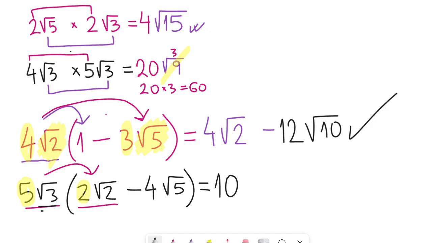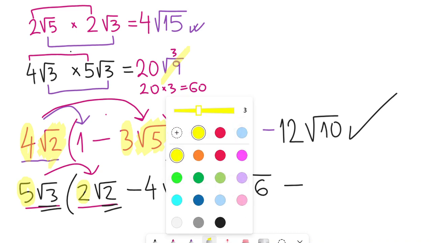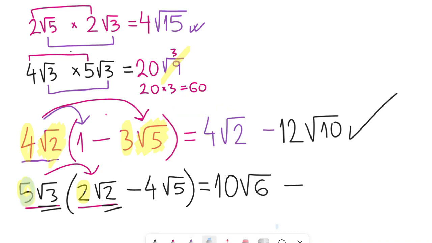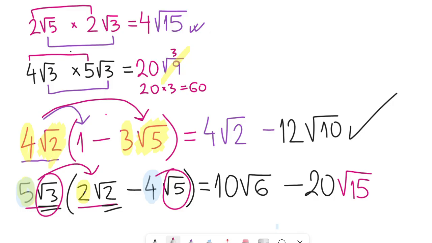Square root of 3 and square root of 2 is square root of 6 minus. Then we do it again. Number multiplied by number, so 5 times 4 is 20. And then radical 3 multiplied by radical 5 is radical 15.